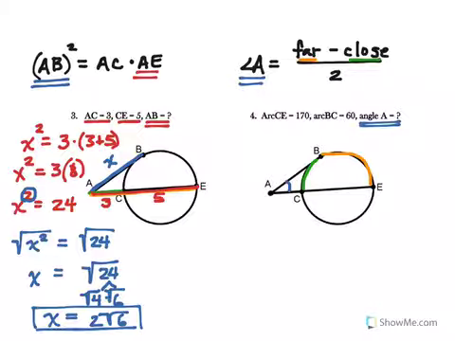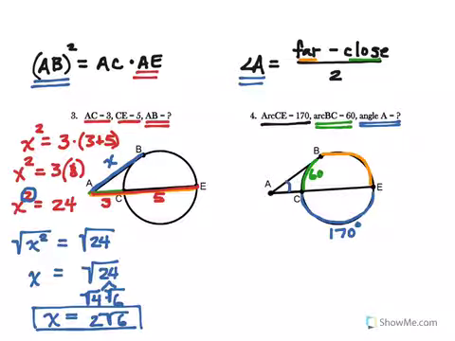And the information that they give us is that the arc CE, which is here, so let's do this in blue, arc CE is 170 degrees, and then it says the arc of BC is 60 degrees. So we still have two missing pieces here.